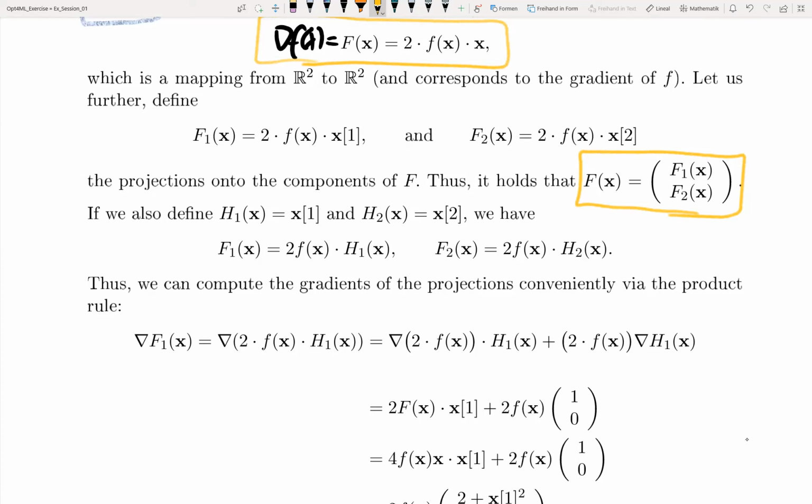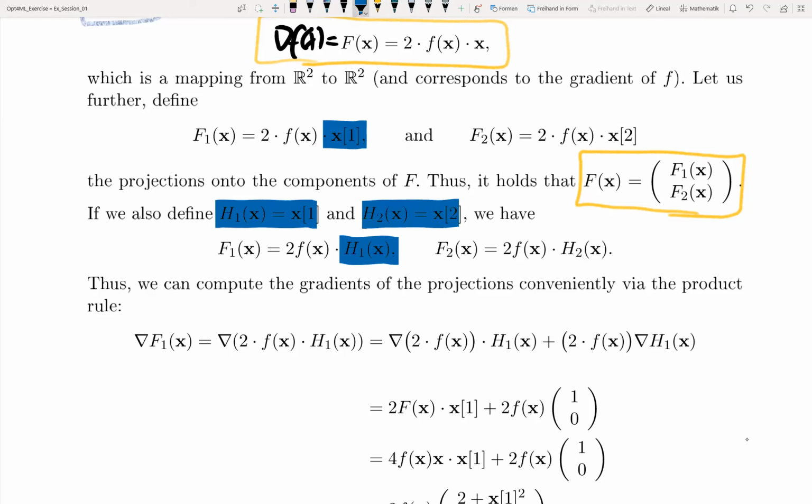The second function h2 is projecting on the second component, so forgetting about the first one. And then, as you see, we can also express f1 and f2 with the help of h1 and h2, simply by replacing here at this point h1, at this point we plug in h2.